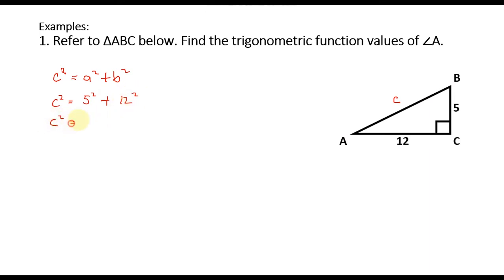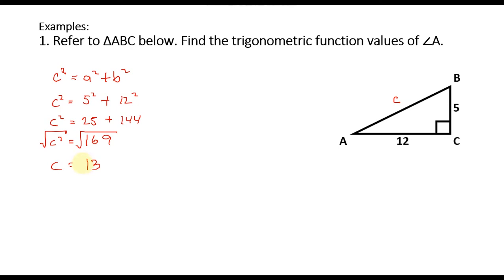Solving, C squared equals 5 squared, that is 25, since 5 times 5 is 25, plus 12 squared, that is 144. Next, adding the two numbers, that will give us C squared equals 169. Since we have a squared, we're going to get the square root of both sides of the equation. So C equals 13.